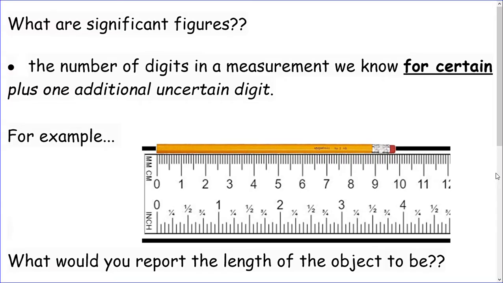So, what are significant figures? The number of digits in a measurement we know for certain, plus one additional digit, are considered to be significant figures. For example, if you look at this pencil, what do you think the measurement would be? It starts at 0, and it goes over into 9 point something.